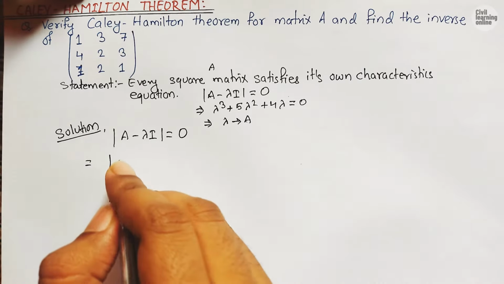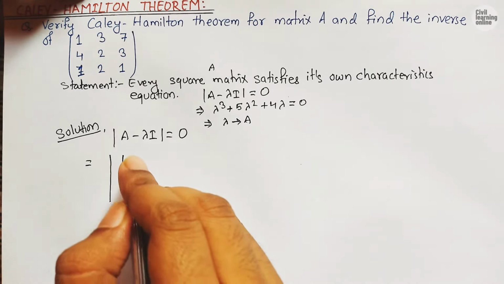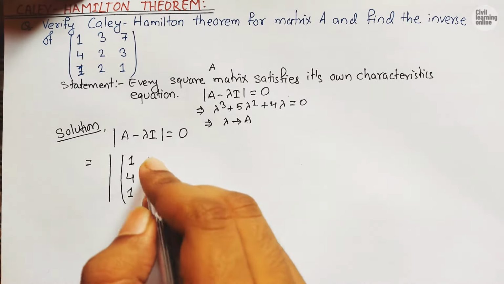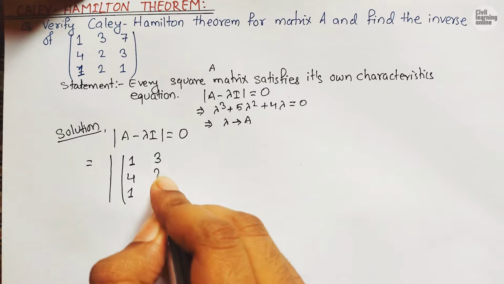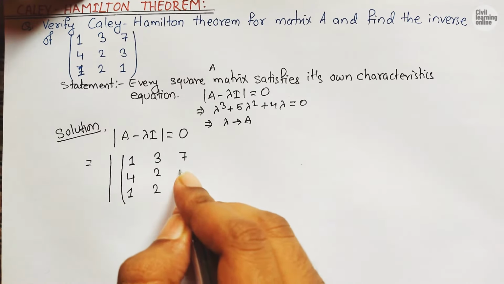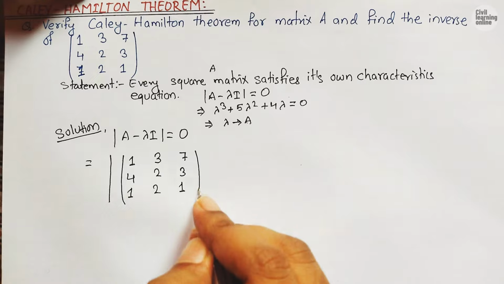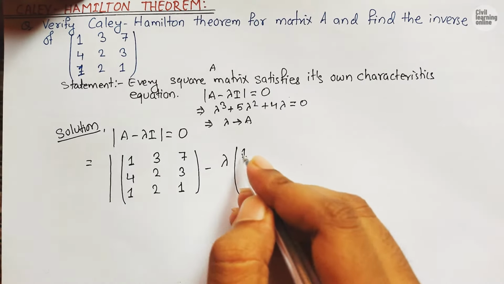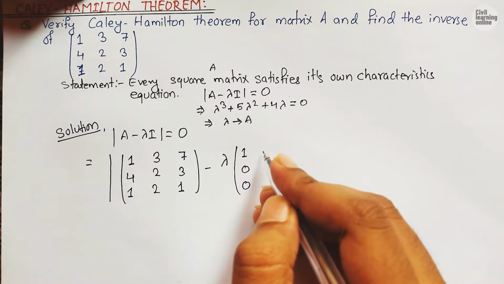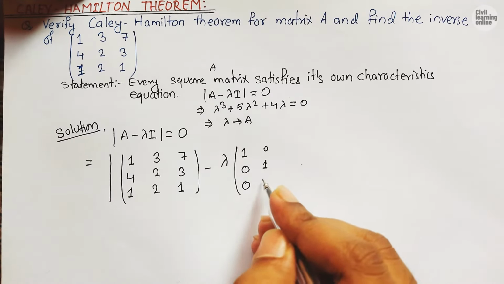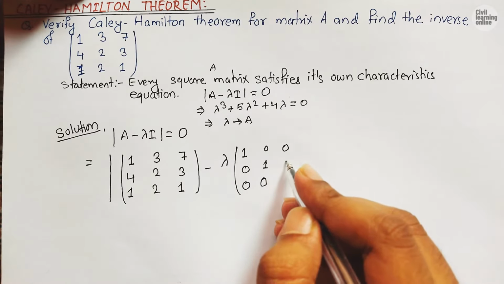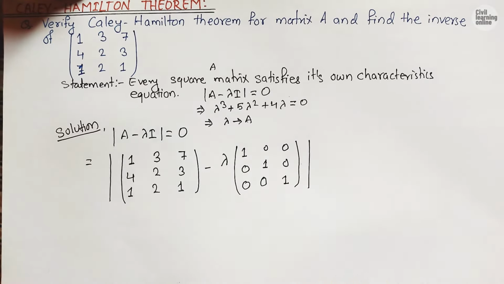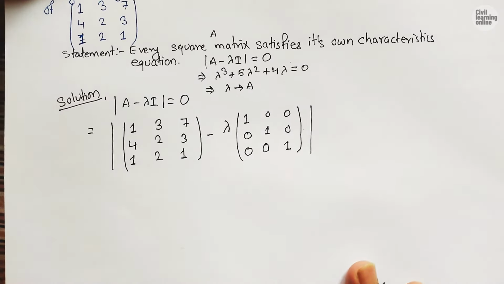So draw the sign of determinant and the matrix here, 1 4 1, and 3 2 2, 7 3 1, and again lambda I is the identity matrix, so diagonal elements will be unity and the remaining other elements will be written as 0. So we will have here 1 0 0, 0 1 0, 0 0 1, and draw the sign of determinant again, means bracket.